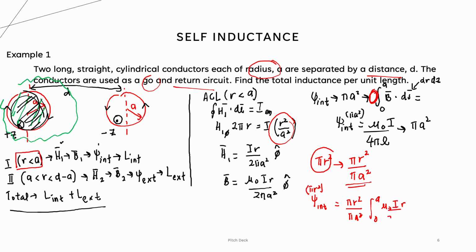I R over 2 pi a squared. So from the phi direction, our dS is also going to be in the phi direction, so instead of integration, let me write this part.